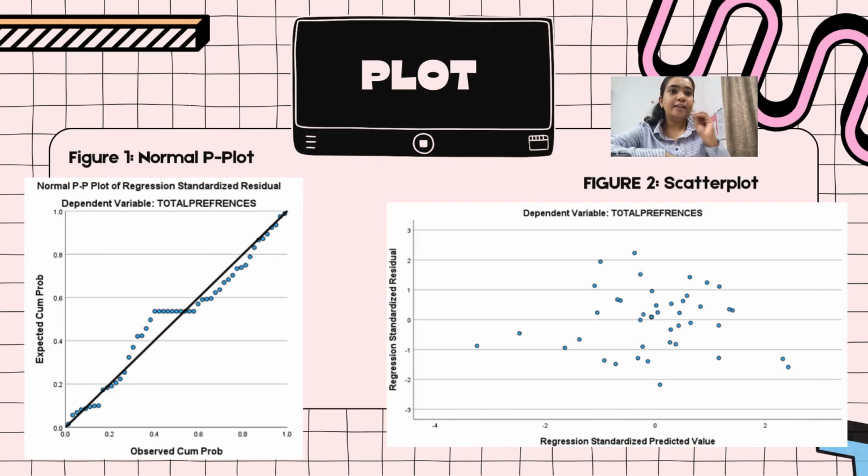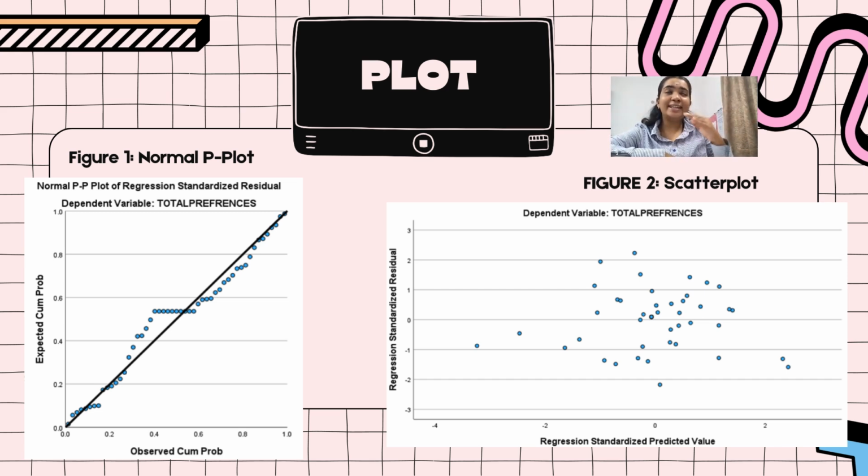This is the plot I used in the journal. On the left-hand side there is one plot and on the right-hand side there is another. In the first, left-hand side plot, the points are expected to lie in a reasonably straight diagonal line from bottom left to right. This suggests no major deviations from normality.